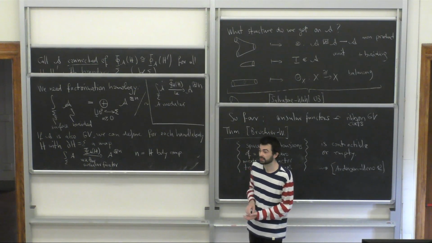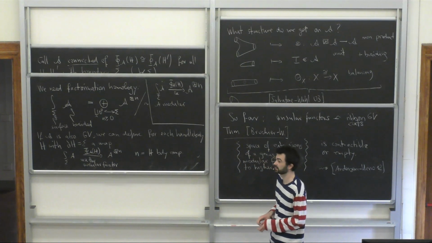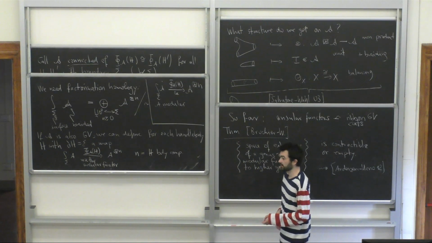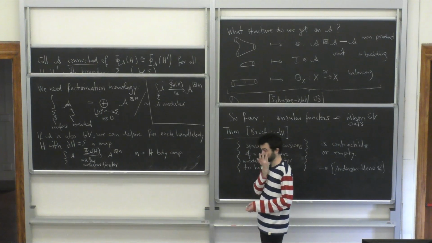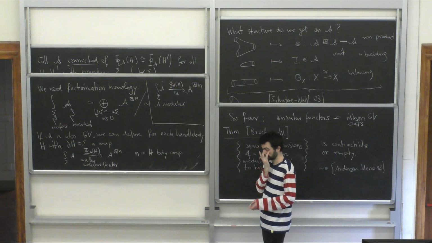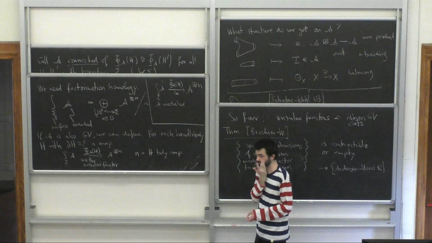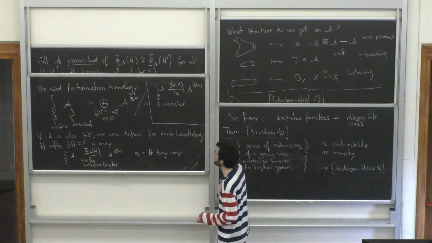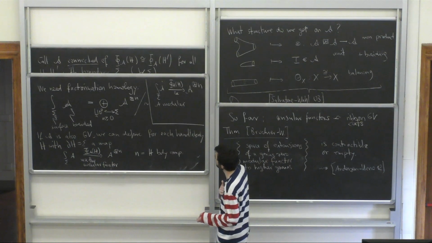Can one also use this in some way to better relate and understand handle body group representations? Of course, if you have a mapping class group representation, then you would get one from the handle body group. The converse is somehow not true.